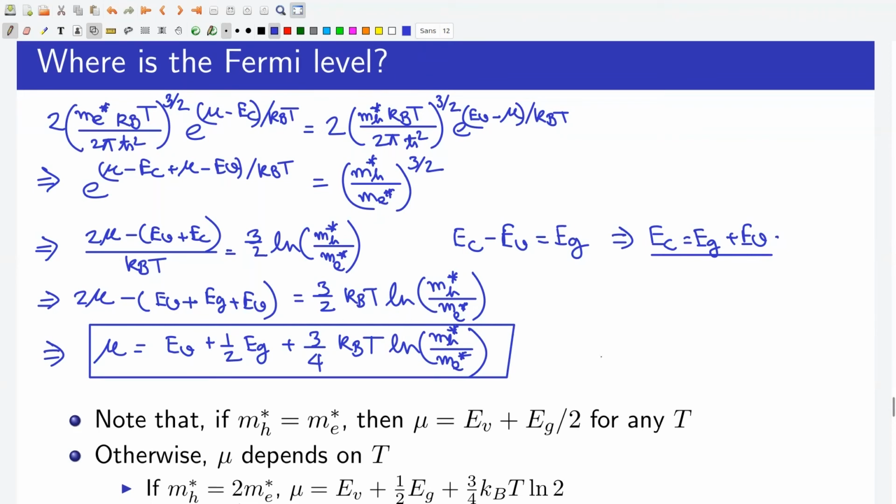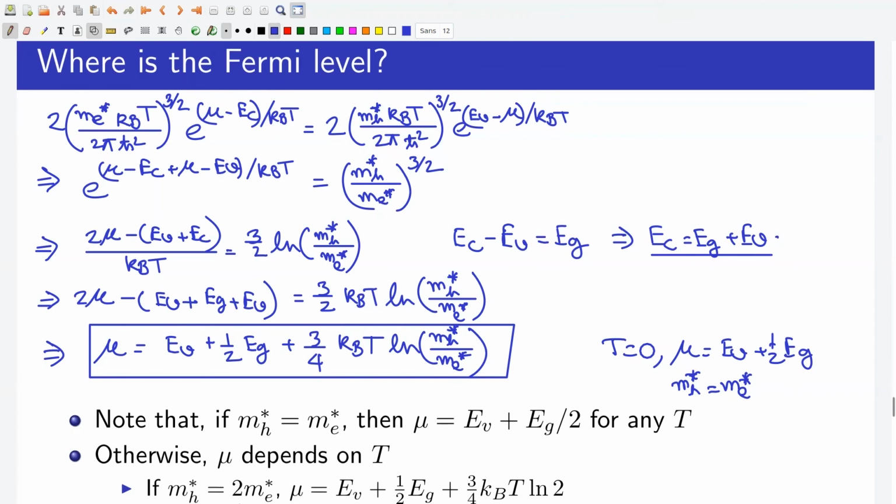Thus, at T equal to 0, μ is equal to Ev plus half Eg. That is, μ lies in the middle of the band gap. If electron and hole have equal effective mass, that is mh* is equal to me*, then the temperature dependent term is always equal to 0.